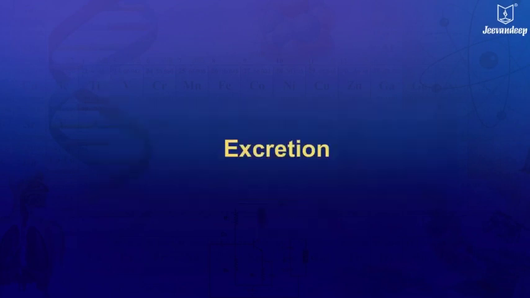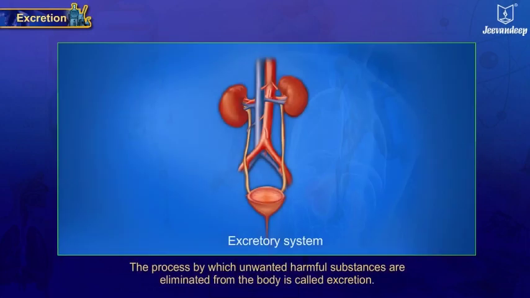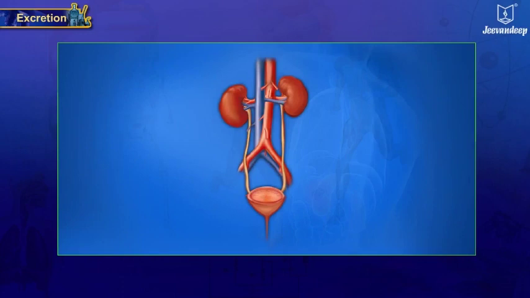Excretion. The process by which unwanted harmful substances are eliminated from the body is called excretion. In human beings, the excretory system consists of a pair of kidneys, a pair of ureters, urinary bladder, and urethra.